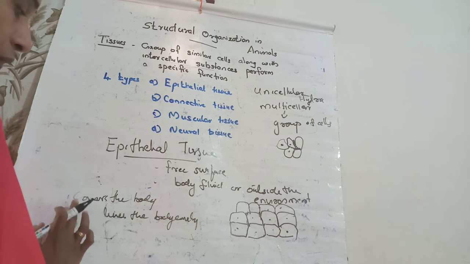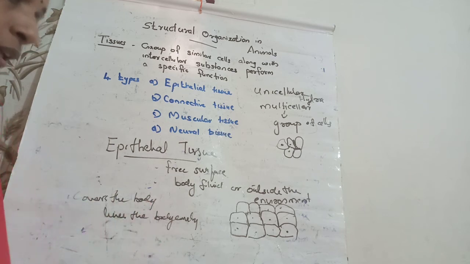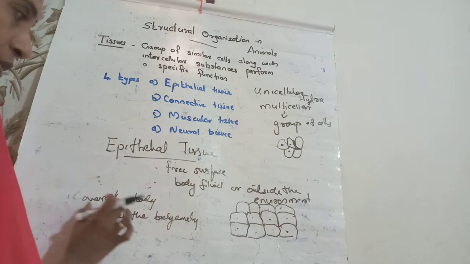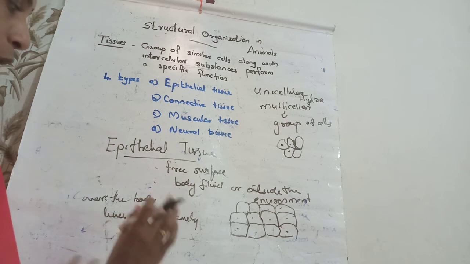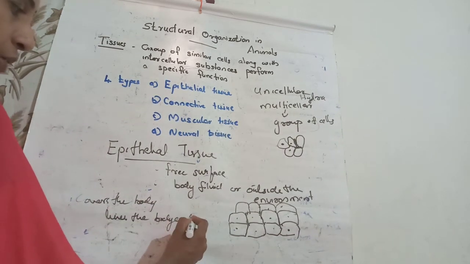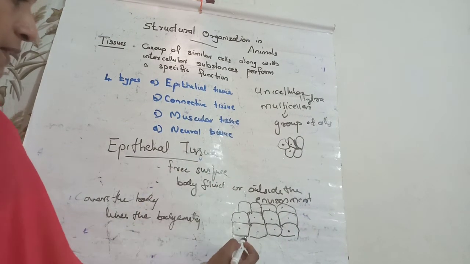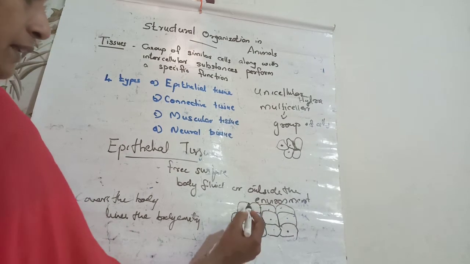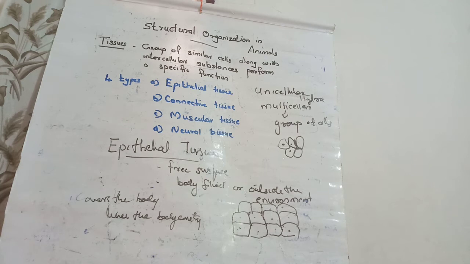That means epithelial tissue covers the body or lines the body cavity. That's the location of the epithelial tissue. It covers a particular part of the body or lines the body cavity. And the cells are compactly arranged with the intracellular substances, or matrix.